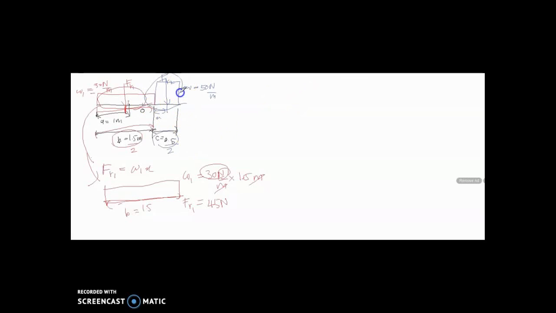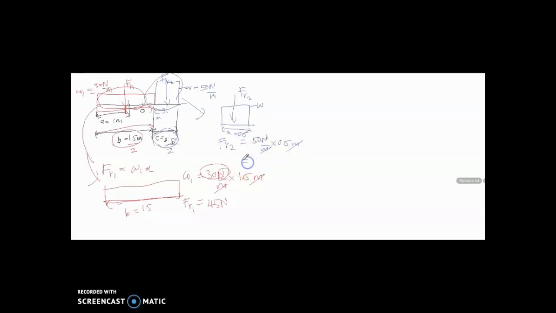Same goes for FR2. This is FR2. So FR2 is equal to the function W, which is 50 Newton per meter, multiplied by the distance of x along the distributed load, in this case C, 0.5, so multiply by 0.5 meter.